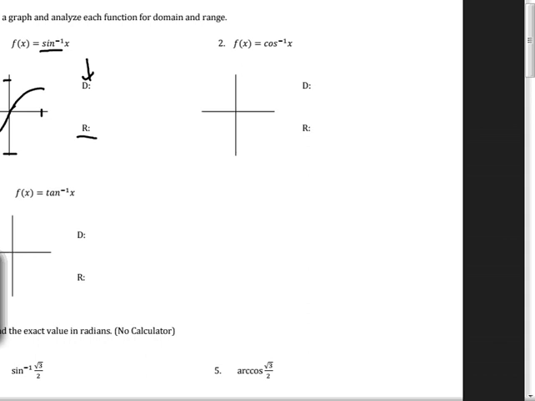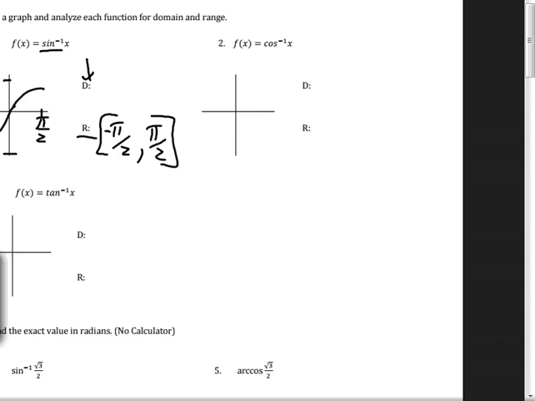If you know the domain and range of sine during this little interval here, from negative pi over 2 to pi over 2, if you know that's the domain, then you can reverse it, and that's the range. Does it touch? Yes. Brackets. The domain is whatever the range of sine used to be, which you should know.